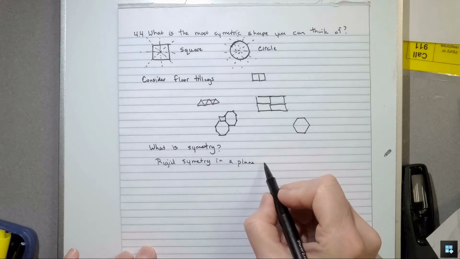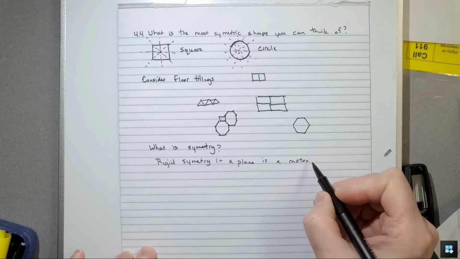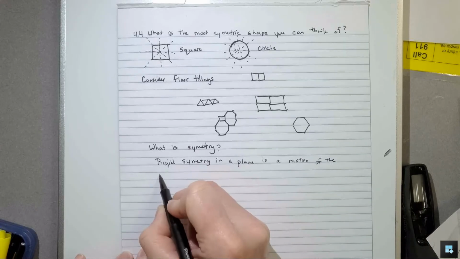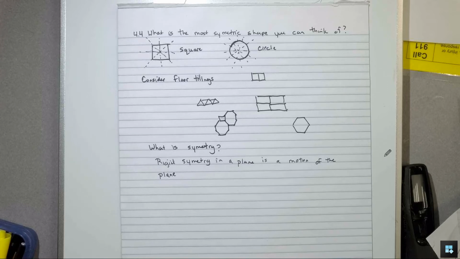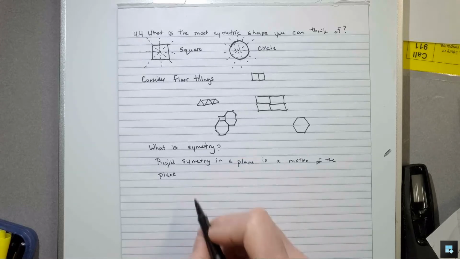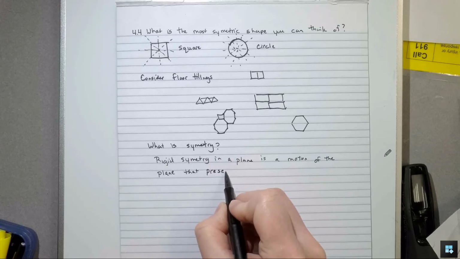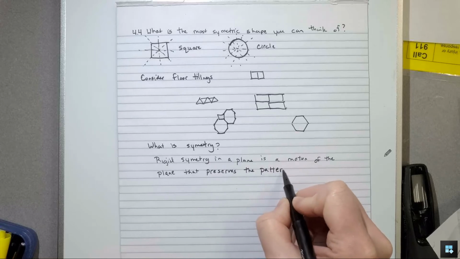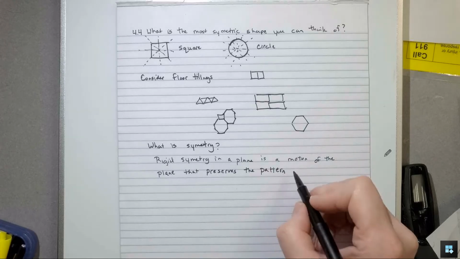A rigid symmetry of the plane is a motion of the plane that preserves the pattern and does not shrink, stretch, or otherwise distort the plane.